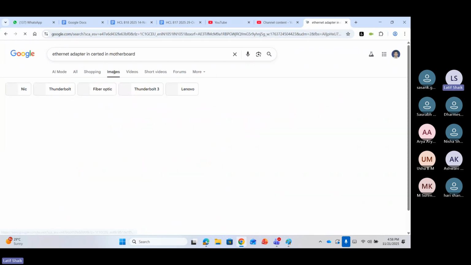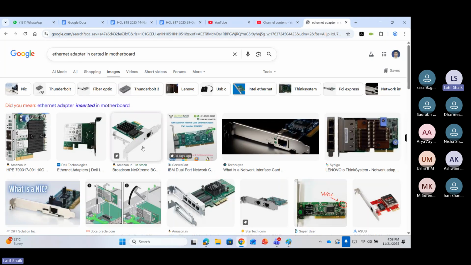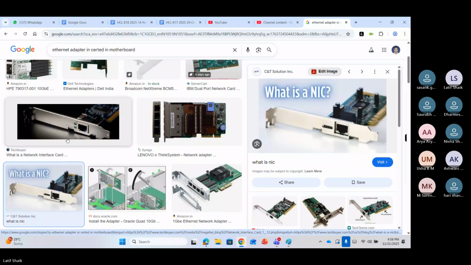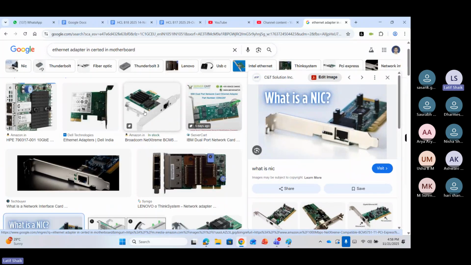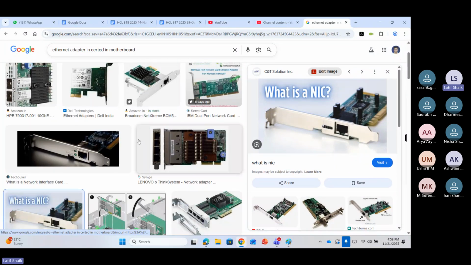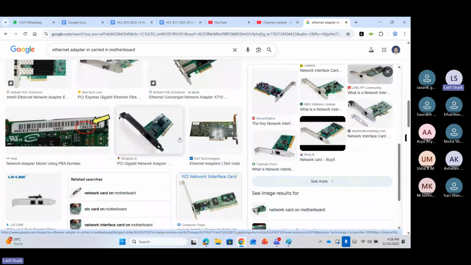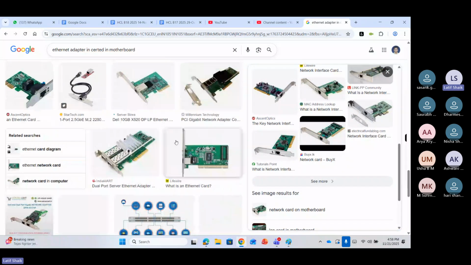If you want, you can watch a YouTube video on how it should be inserted. So guys, this is an Ethernet card. This Ethernet card, what they do is they insert into the motherboard.